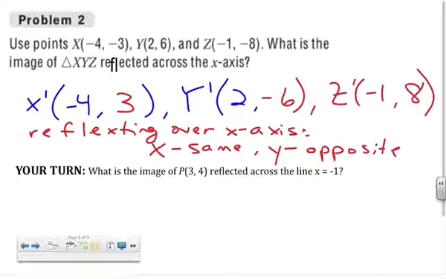So if I'm reflecting over the y-axis, the y stays the same, but the x is the opposite. Beautiful. Take a moment, work through the your turns for those, please.